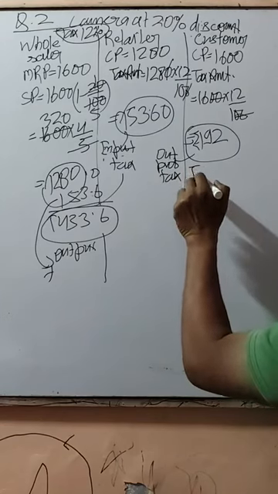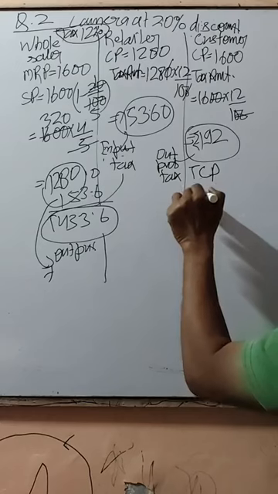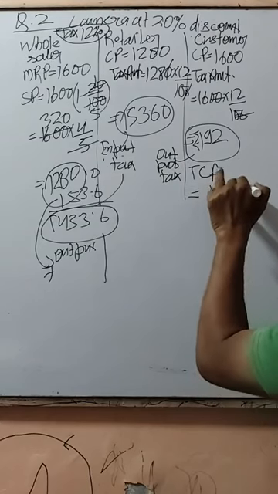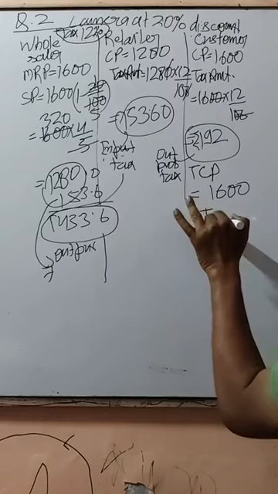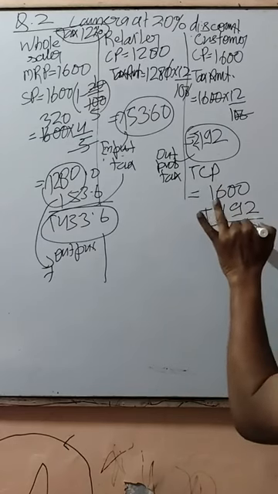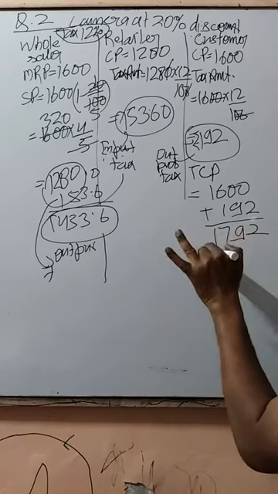So total CP, cost price of customer is 1600 plus 192 becomes 1792.